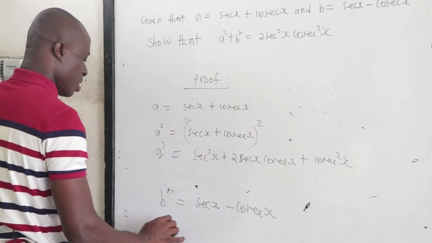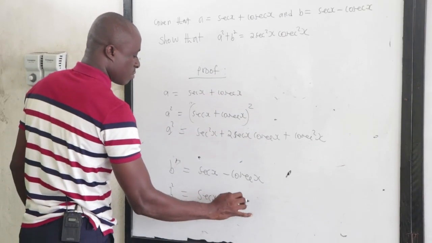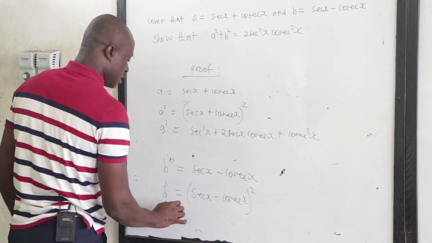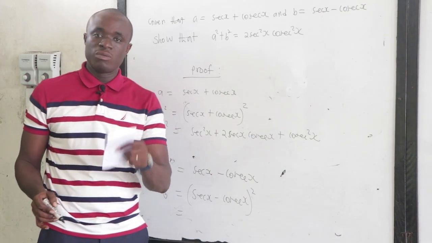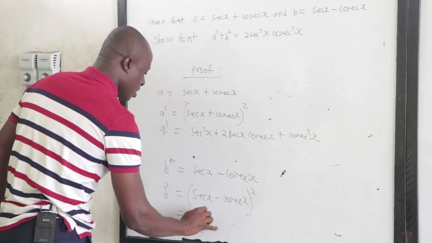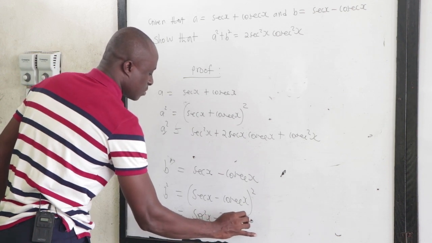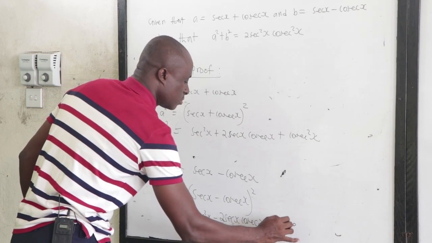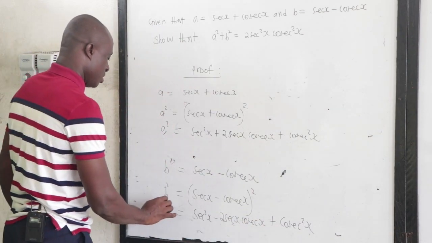So our b square, now let's square, and then let's expand. We know that if you have a minus b all squared, it's a squared minus 2ab plus b squared. So this is just sec square x minus 2 sec x cosec x plus cosec square x. That's our b squared.